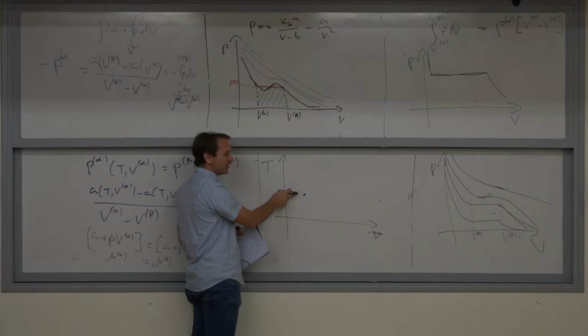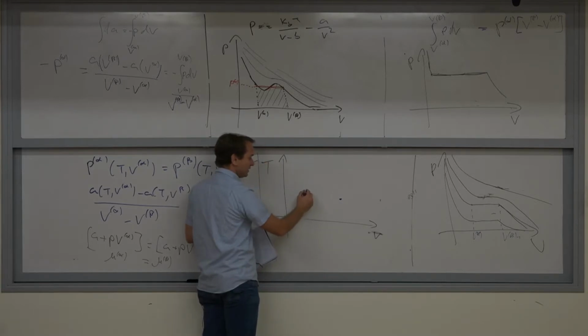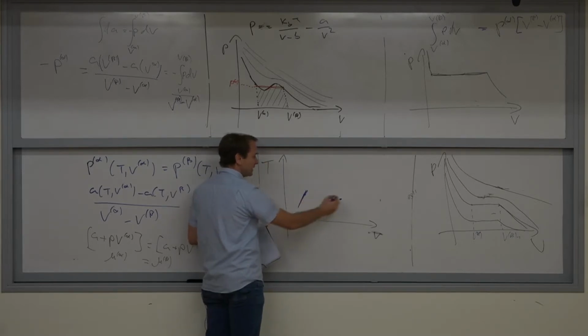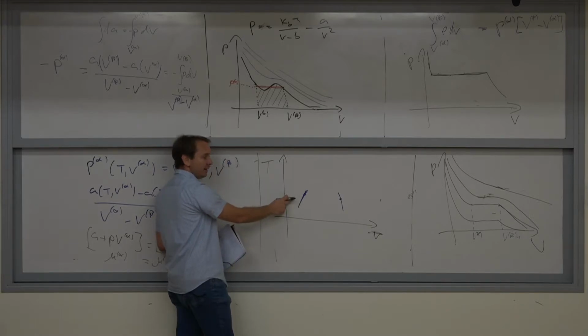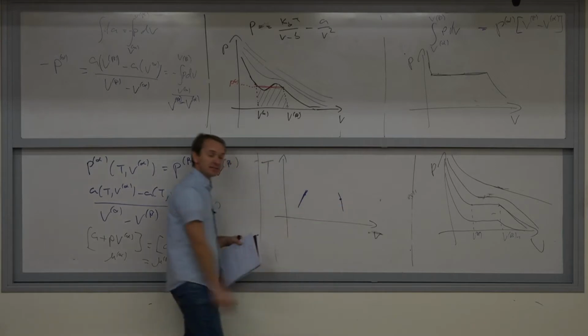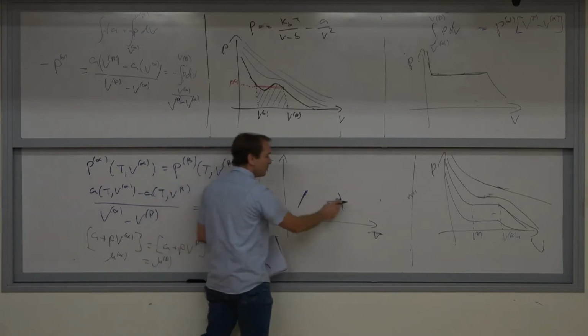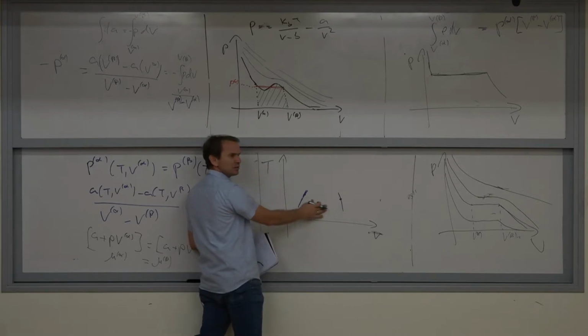I go at the same temperature, and here I will have gas. I can draw lines. On this part of the line, I have fluid. On this part of the line, I have gas. I have a big jump between one phase and another, because here I have some sort of a mixture of gas and fluid.